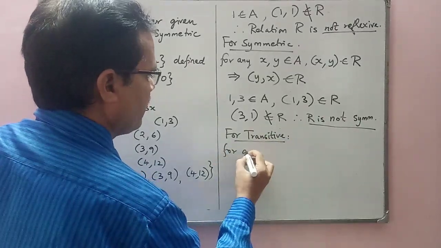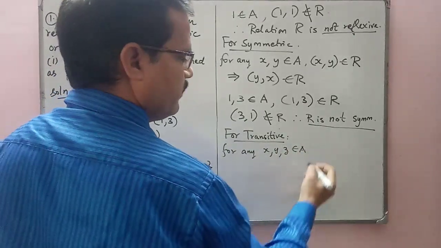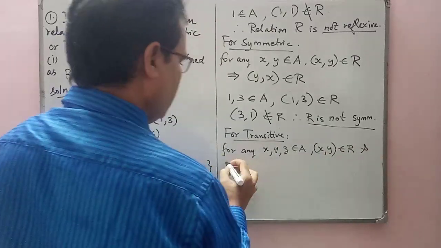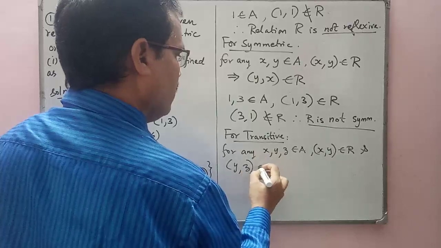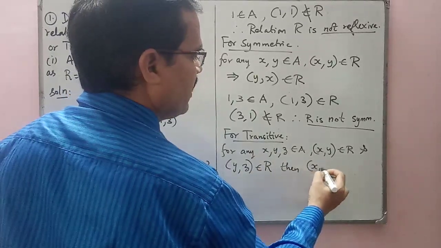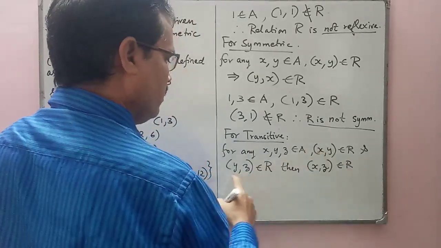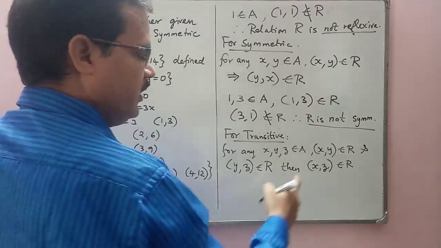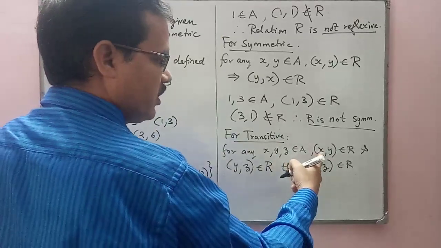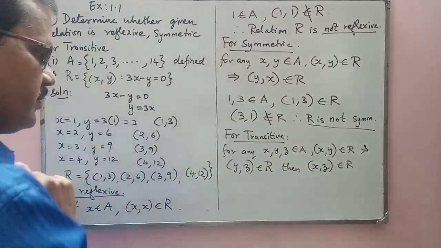For any three elements x, y, z belonging to A, if the ordered pairs x comma y belongs to R and y comma z belongs to R, then you should have x comma z belonging to R. If x comma z belongs to R, then you can call it transitive, otherwise you cannot. The first element comes from the first pair and the second from the second pair. Okay, x comma z should be there.